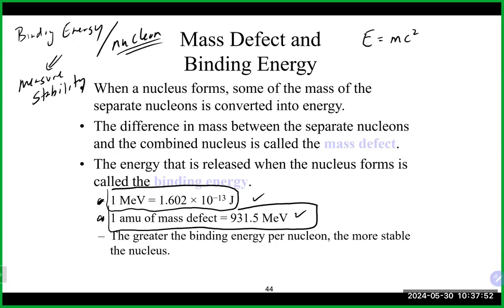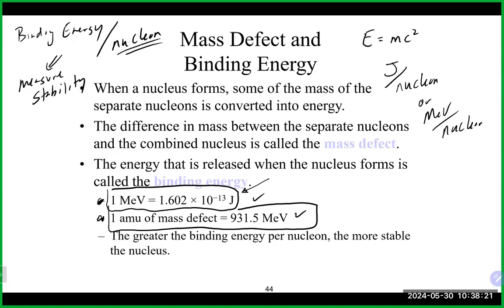Two common units are used when you calculate binding energy per nucleon: joules per nucleon is a very common unit, and mega electron volts per nucleon. So these are two units of binding energy that are used. And that is what this first conversion is for. It will take you from mega electron volts to joules and back and forth.